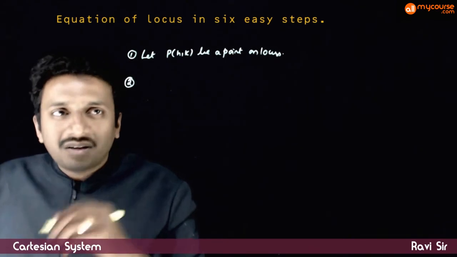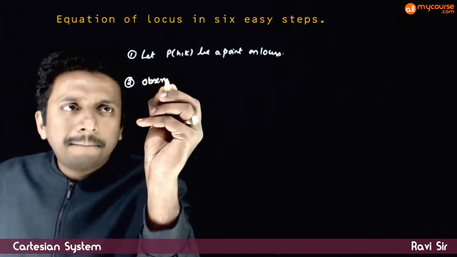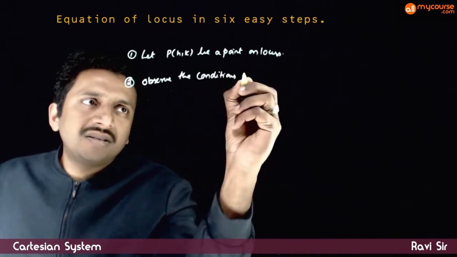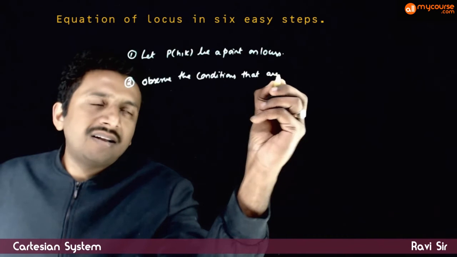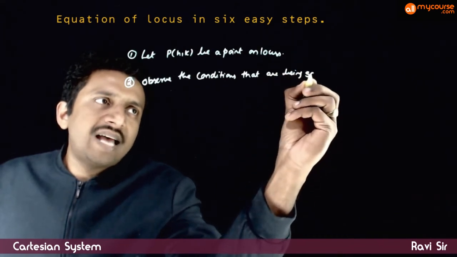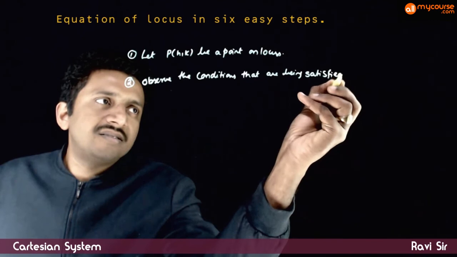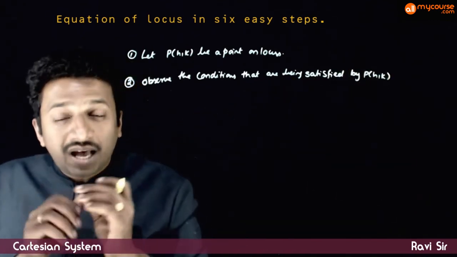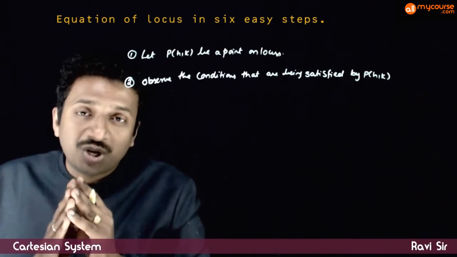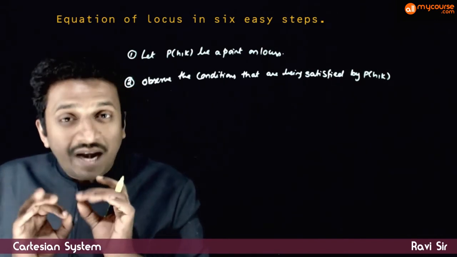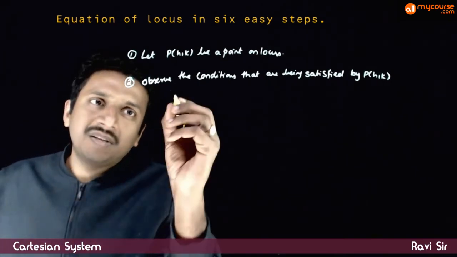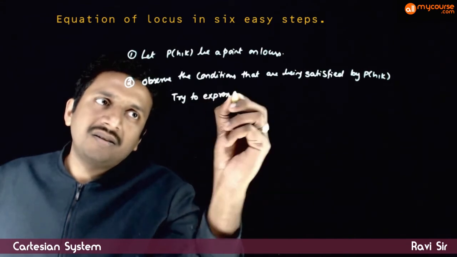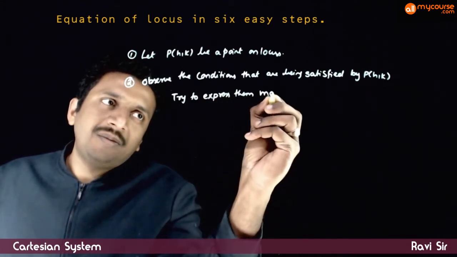In the second step, we observe the conditions that are being satisfied by P(h, k), and we try to express them mathematically.